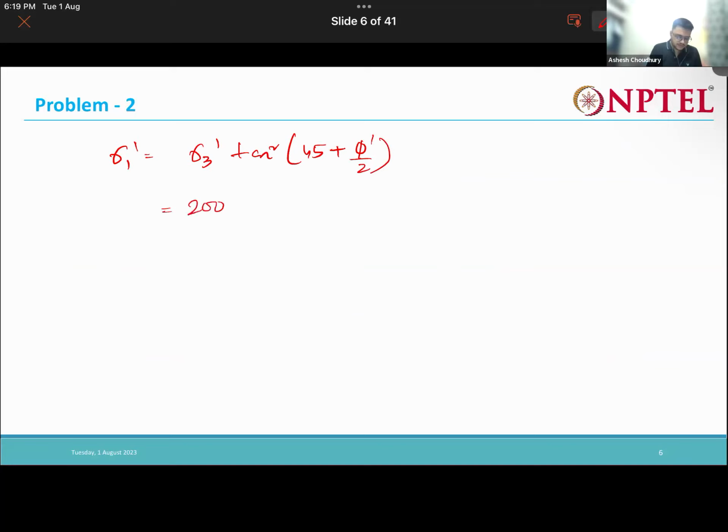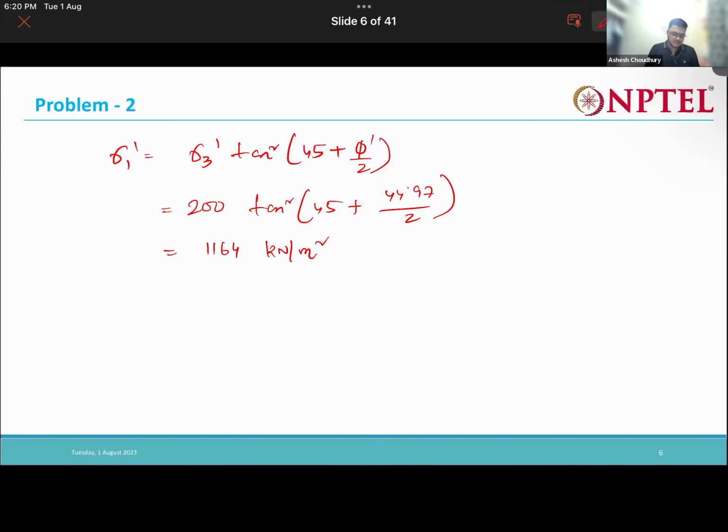This is given, 200. Same specimen, so phi is going to be the same. That gives 1164. So this is the effective major principal stress, right?